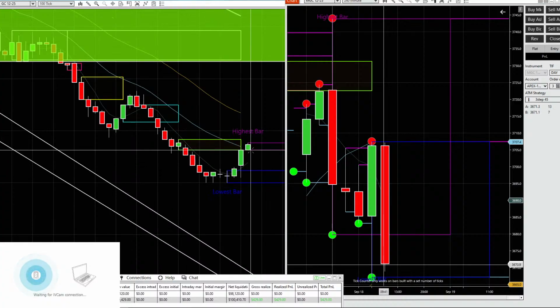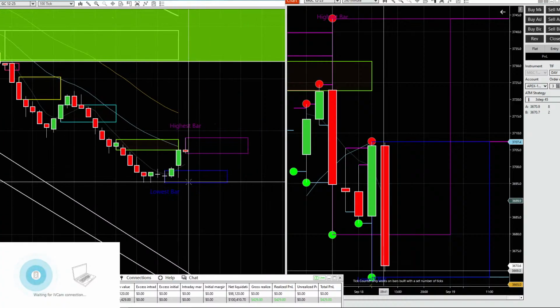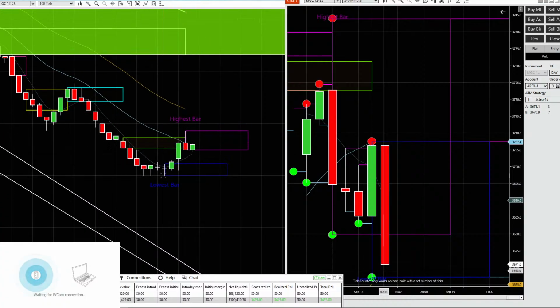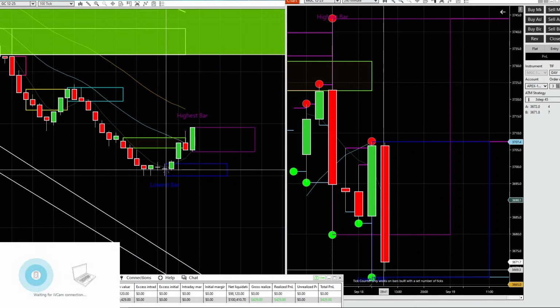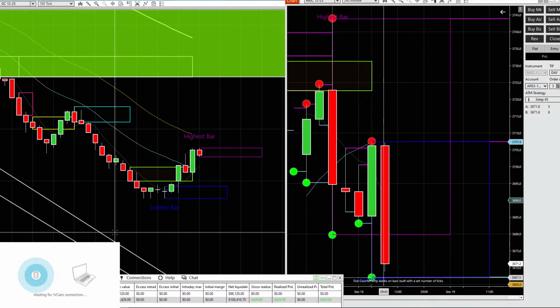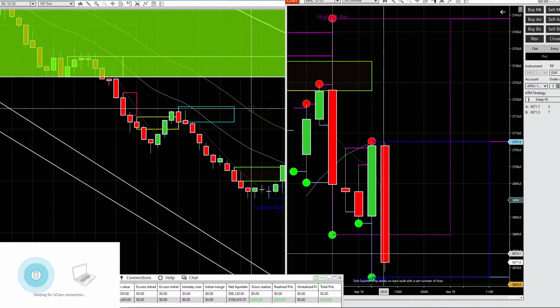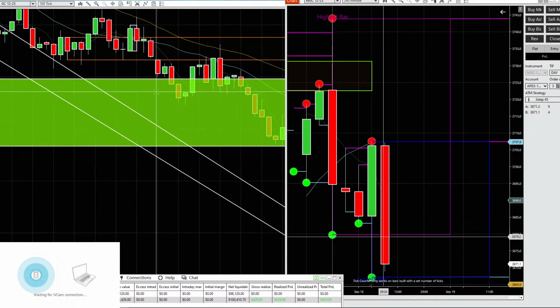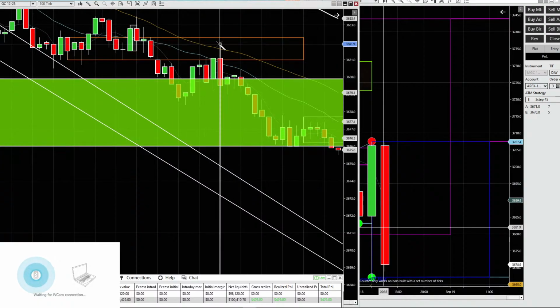That's going to be a good long right there. But I'm going to wait for it to come back and retest. You can see that it's tapering off, like it was having a hard time getting from here.